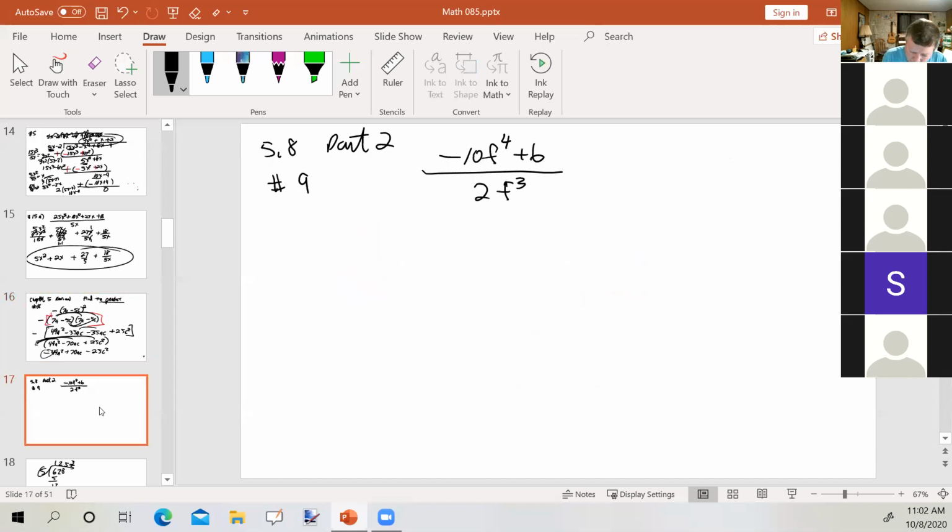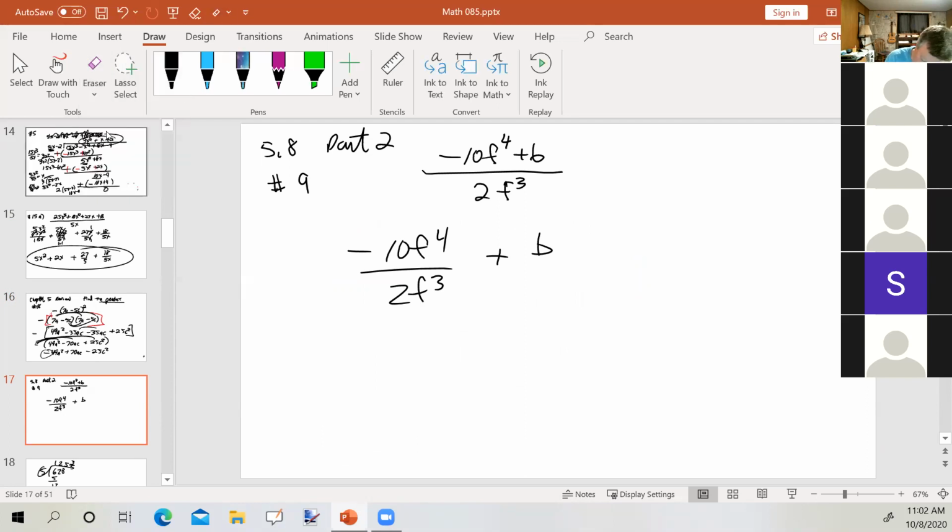Here's another one back to 5.8. We have a polynomial divided by a monomial. So we're going to divide each term. Is that a 6? I think that's a 6. Can't read my own hieroglyphics. Each term in the numerator divided by the denominator.